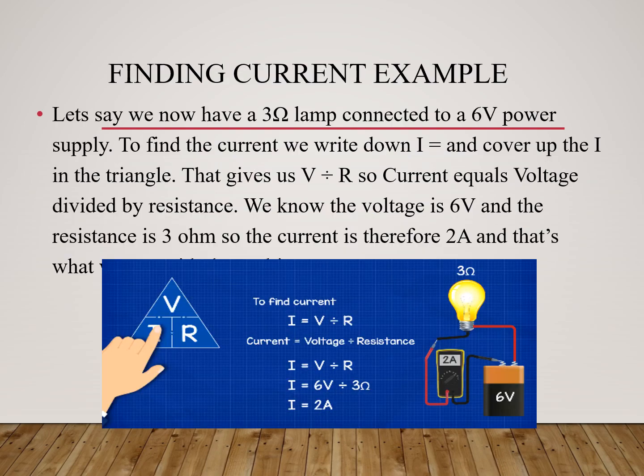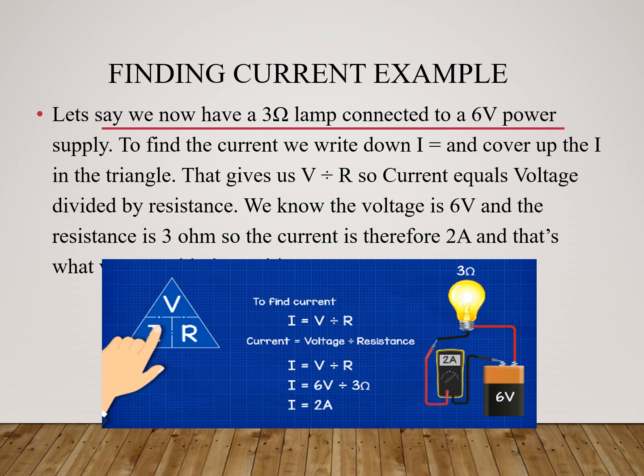Another example, to calculate a current. The formula to calculate current is I is equal to V divided by R, isn't it? Here they have explained the sum also. Let's say we have a 3 ohm lamp connected to a 6 volt power supply.